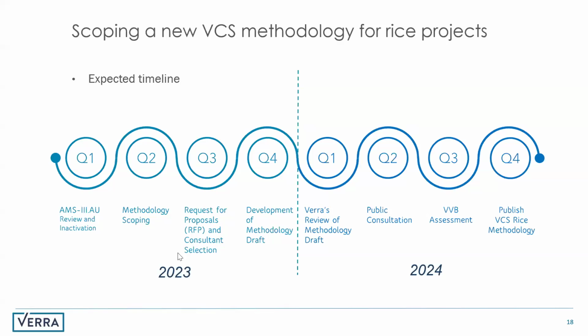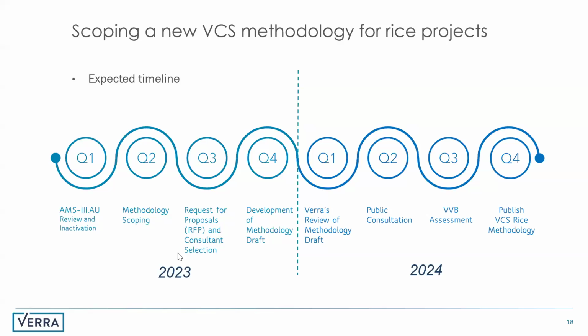That resulted in the selection of ATOA Cabo, the team that you heard just about 2 minutes ago. So we started work with them in November on the development of the methodology draft following the VCS methodology development process and review, which was presented during the presentations before.